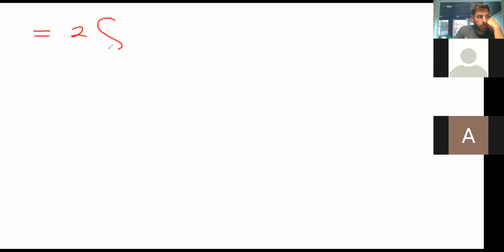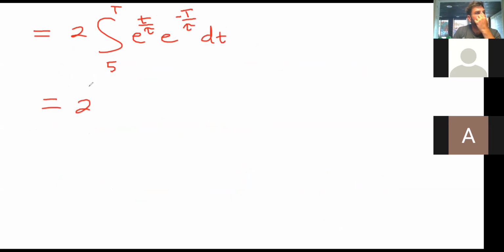This is 2 integral, excuse me, not 0, 5 to capital T. And then this is e. I'm going to break this into 2 guys. This is e to the little t over tau, and then it's e to the minus big T over tau dt. And the reason I'm doing that is because the guy that doesn't have little t can come out.